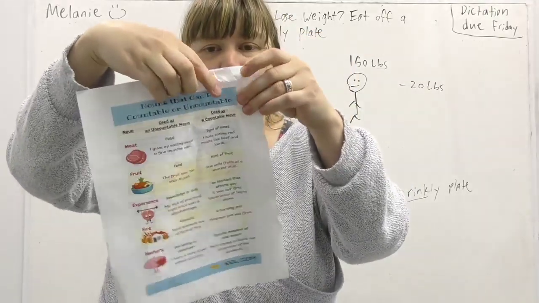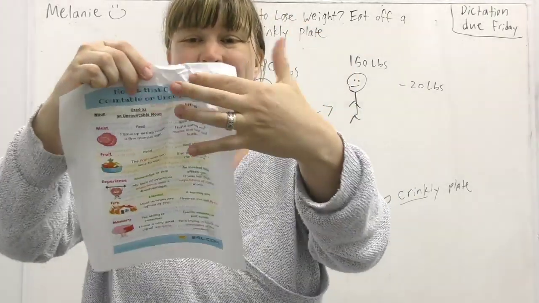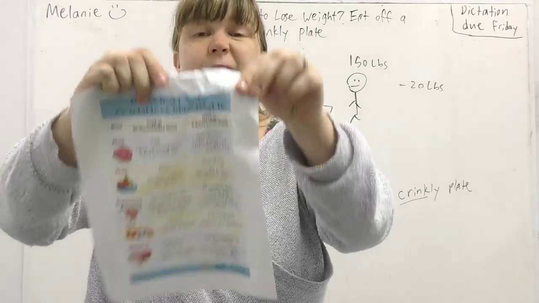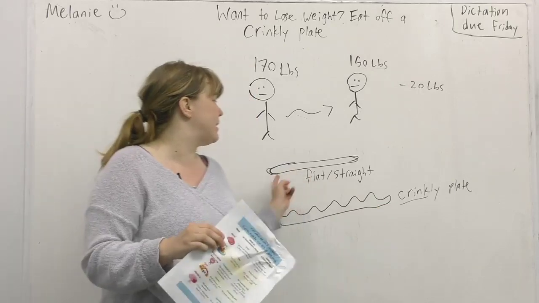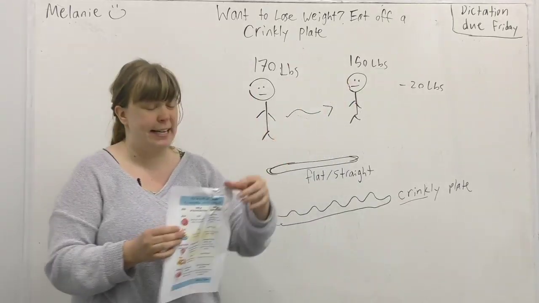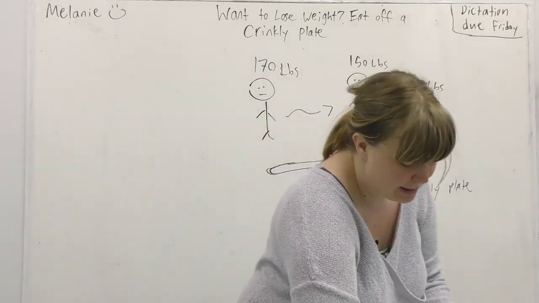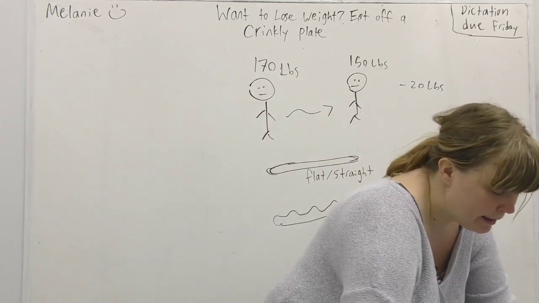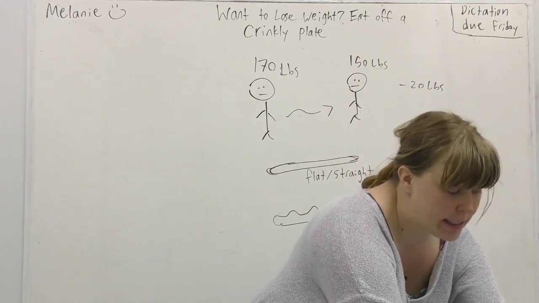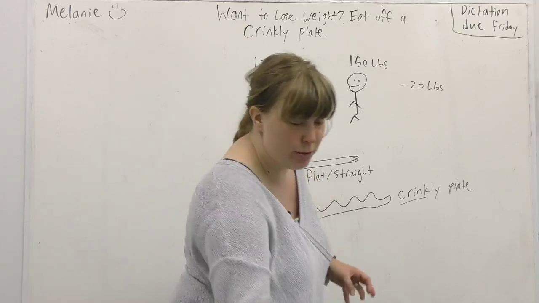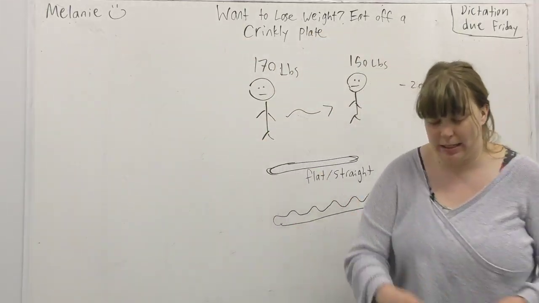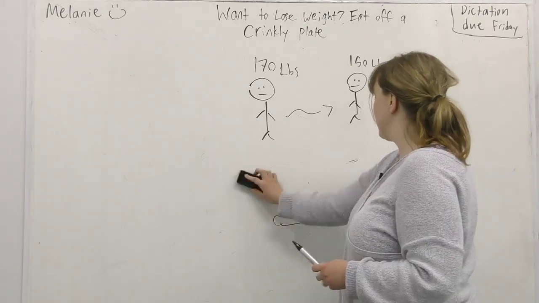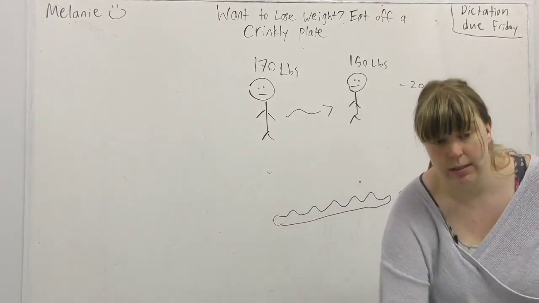You can see all the bumps and like messy parts here. It's not flat anymore. This is crinkly. All right, so I hope you got the idea of what crinkly means. So apparently what this article title is saying, if you eat your food off of a crinkly plate, you can lose weight.